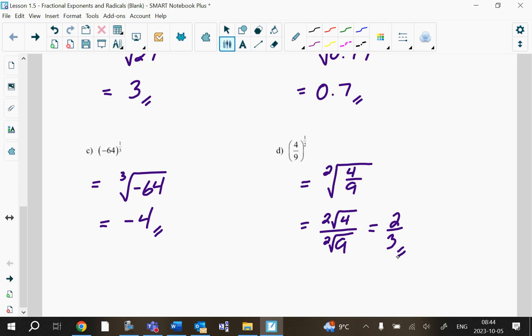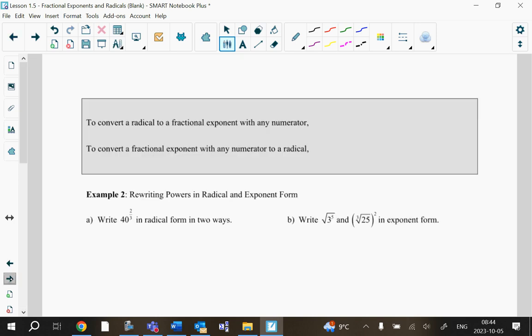Okay. So notice all those fraction exponents we did, the numerator was 1. What happens if it's not 1? Like what happens if it's 8 to the 2/3? Well, here's what we do.